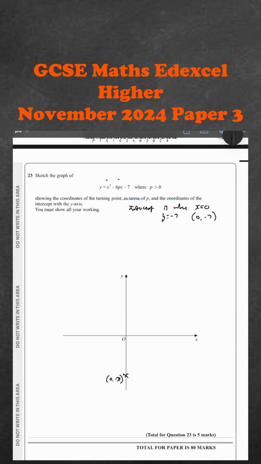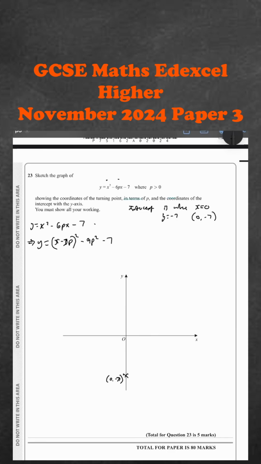So what have we got? y equals x squared minus 6px minus 7. So we can rewrite this as y equals (x minus 3p) squared. Now (3p) squared is going to give you 9p squared. So we need to take this back off again to get back to our original term.